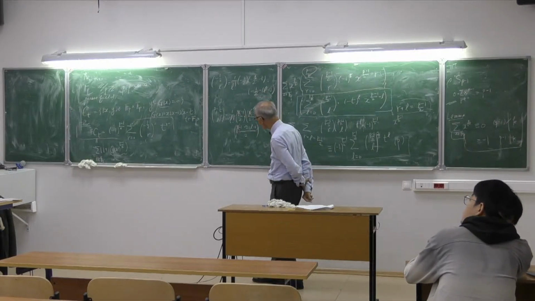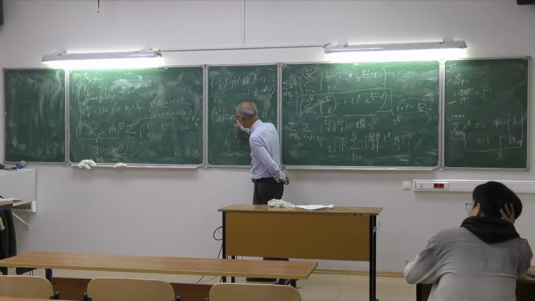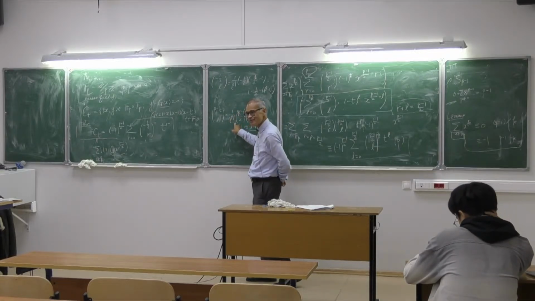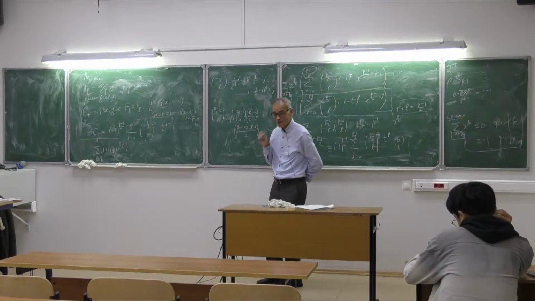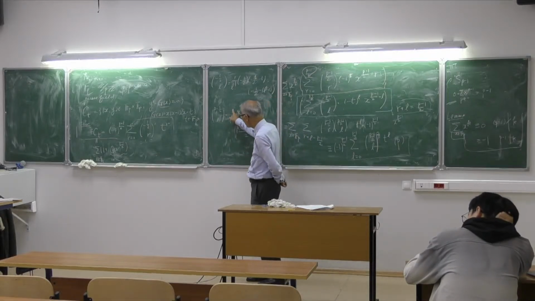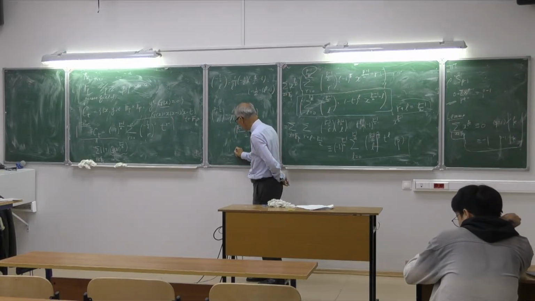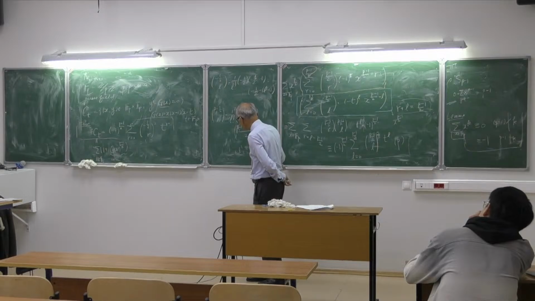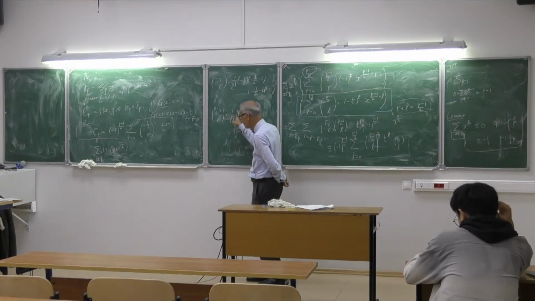In fact, this is also an F_p number. It looks like a rational number, but there is no rational number in F_p. This is a number such that something times L to the power n equals 1 mod p. That is the definition of this number.